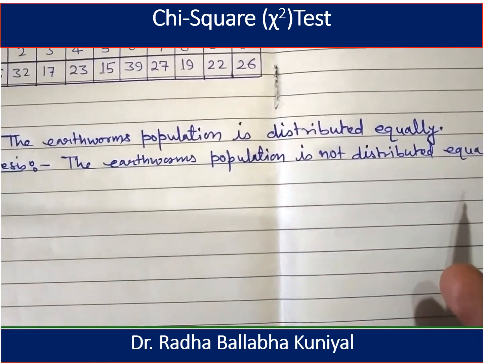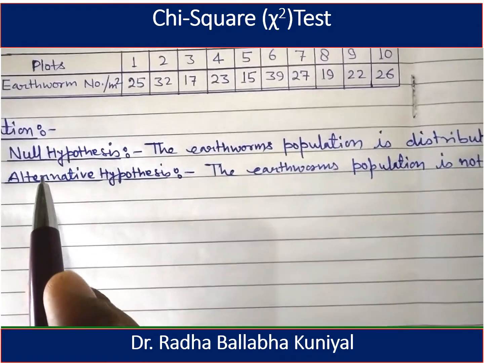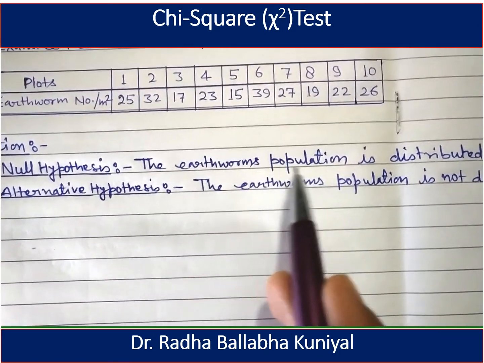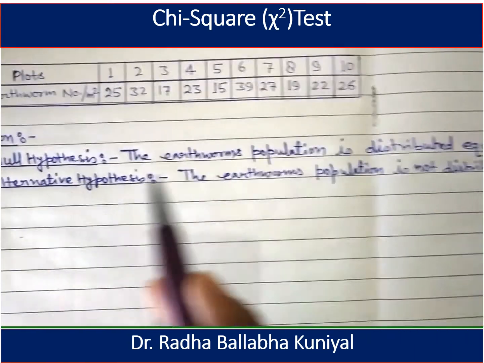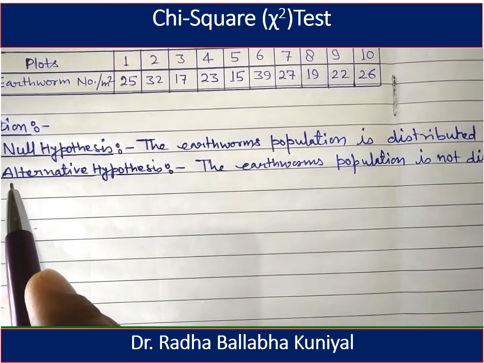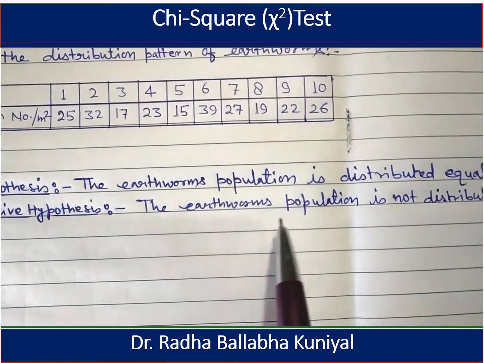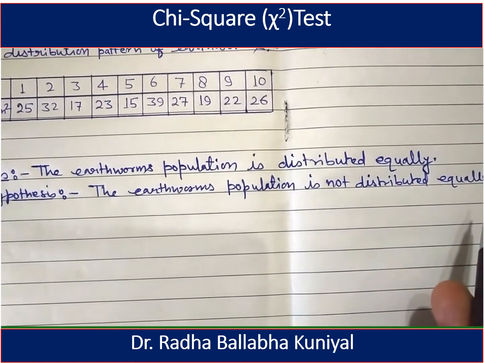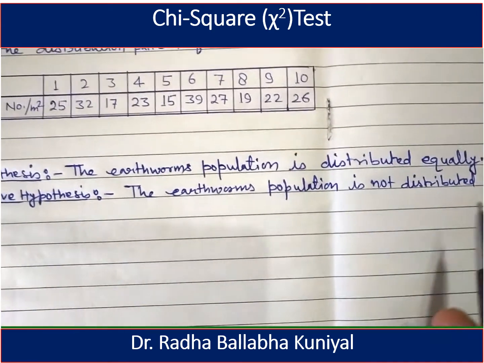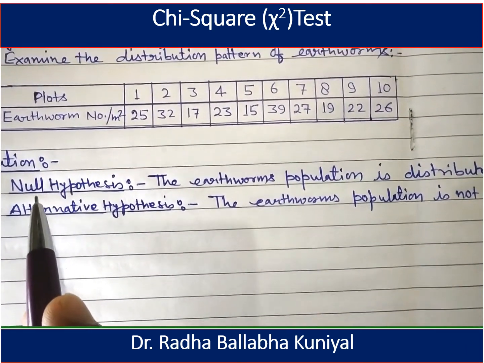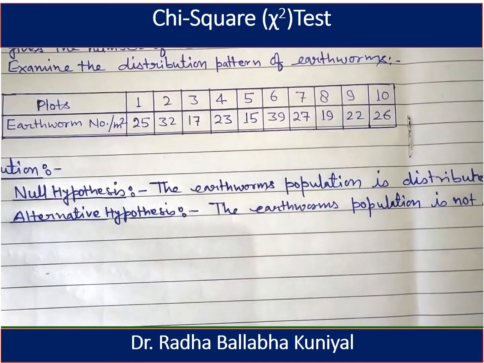Now here we have two hypotheses. The first one is null hypothesis, which states that the earthworm population is distributed equally. And on the other hand, we have set up the alternative hypothesis, which states that the earthworm population is not distributed equally. Now here we have to check or to prove the null hypothesis.